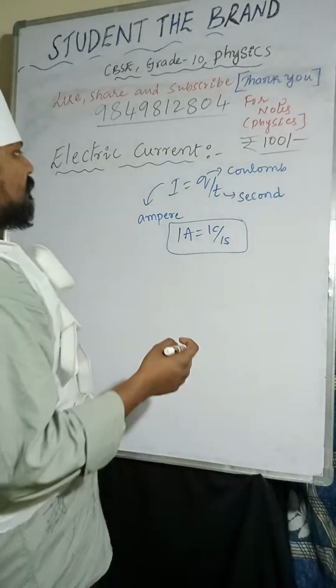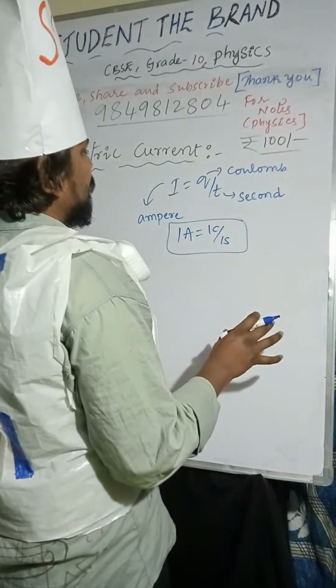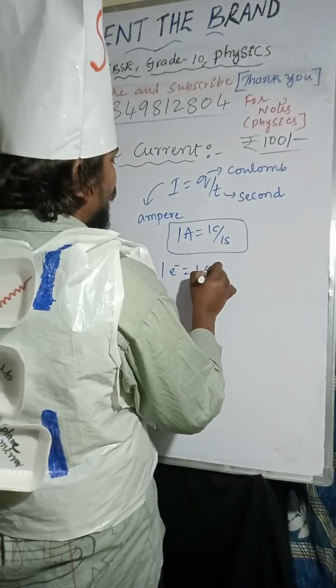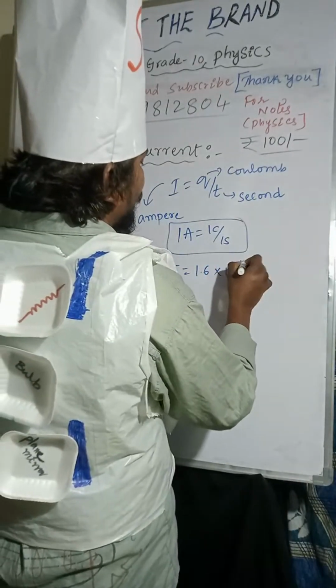Now, one electron has a charge of 1.6 into 10 power minus 19 coulomb.